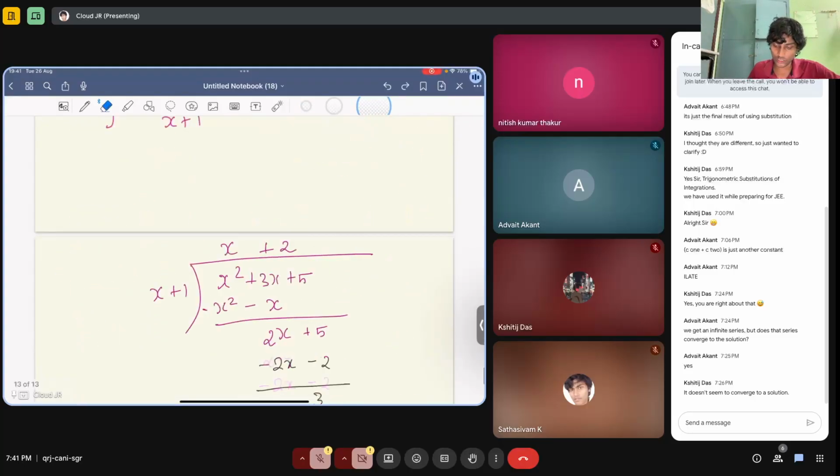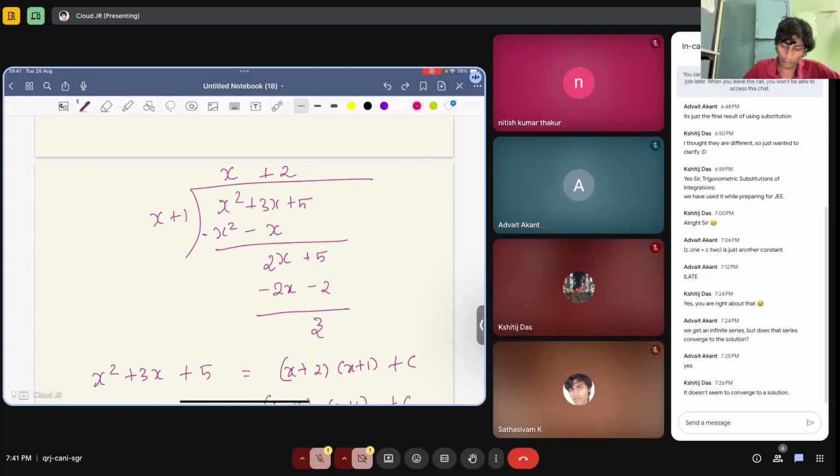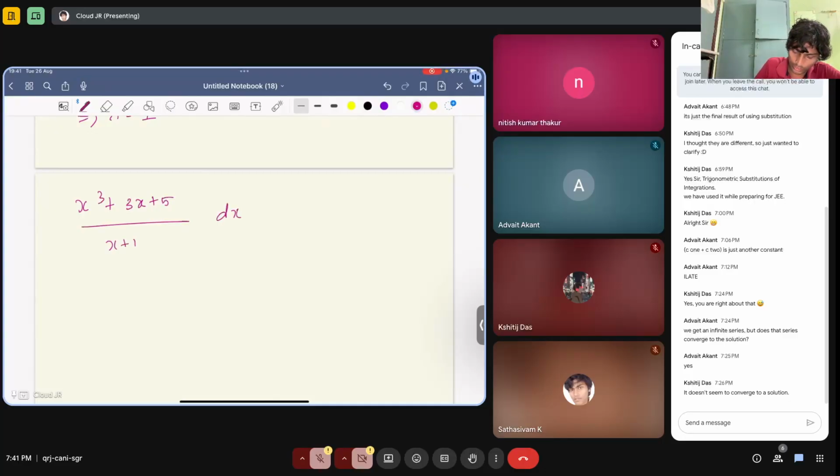But anyway, what you can do is the long division, and you can write your polynomial as a product, a quotient plus a remainder, right? So what we essentially got here is this term, x square plus 3x plus 5. We want to divide by x plus 1, and then you have to integrate it.